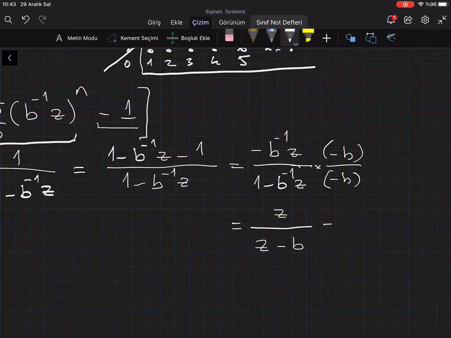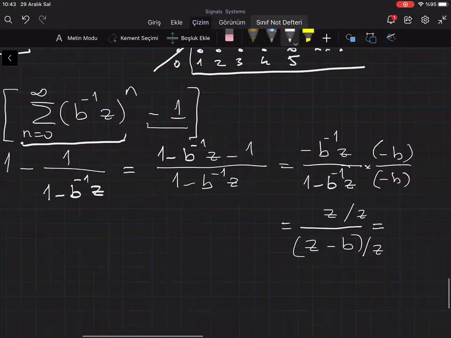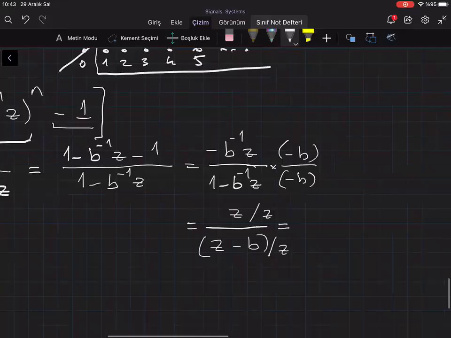If I go one step further and divide both sides by z, what do I have? 1 over 1 minus b z to the power minus 1.